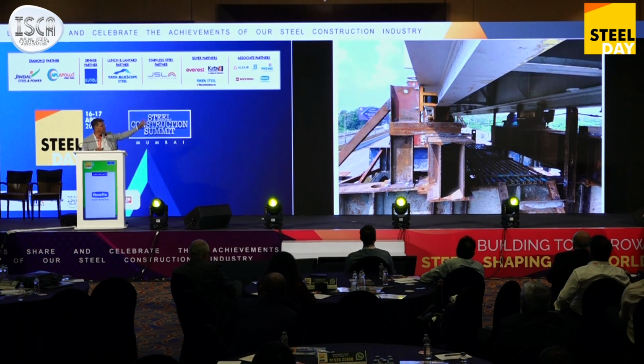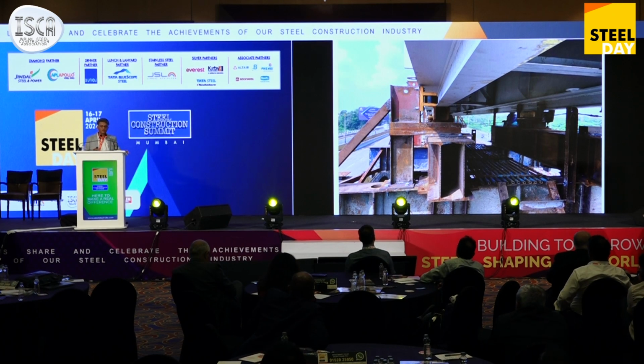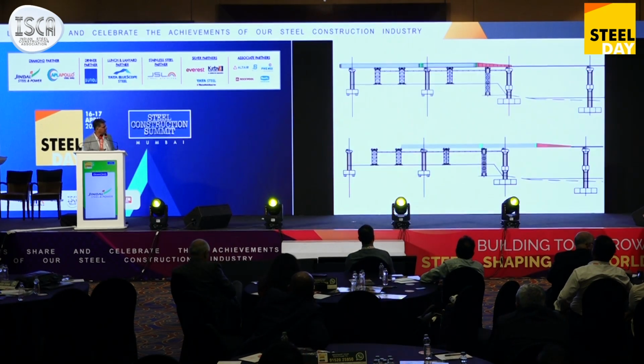Here you can see the guide rollers, with which we controlled the lateral movement of the entire structure. The entire load was around 480 ton, and that much load we moved with the winch machine with a number of pulley sleeves. This is the typical methodology we used.